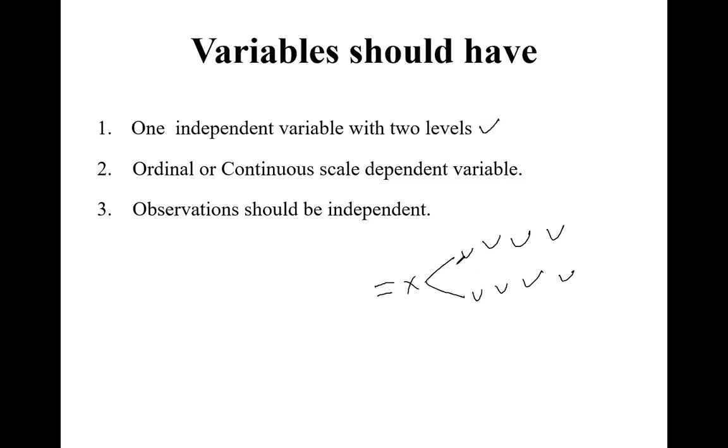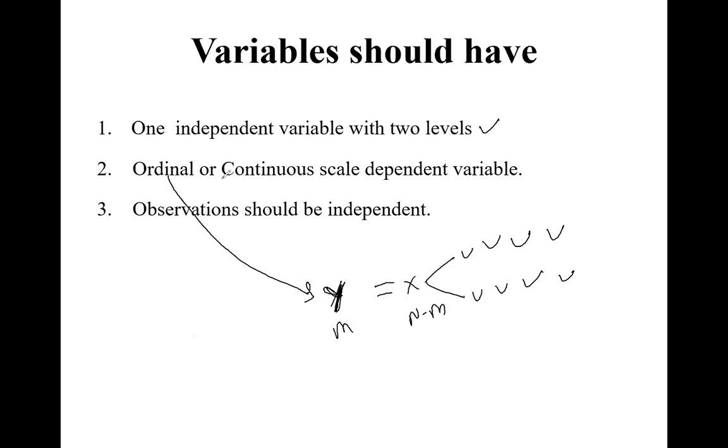There are two levels, and the dependent variable y is metric. So what is the nature? The data should be ordinal. The condition is that data should be ordinal in a Mann-Whitney test.